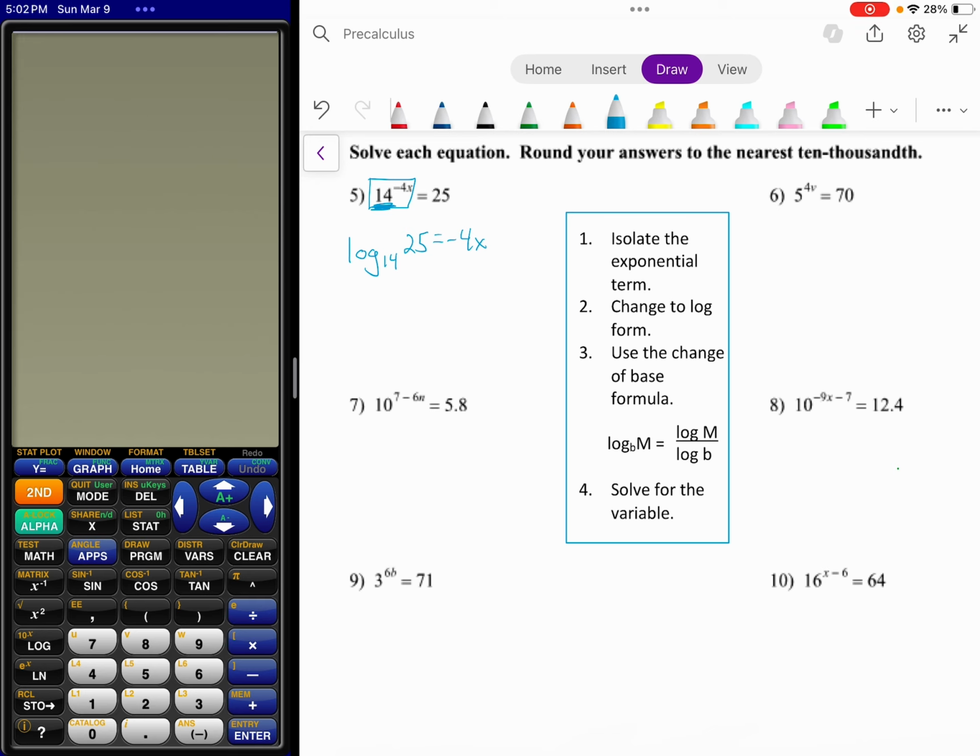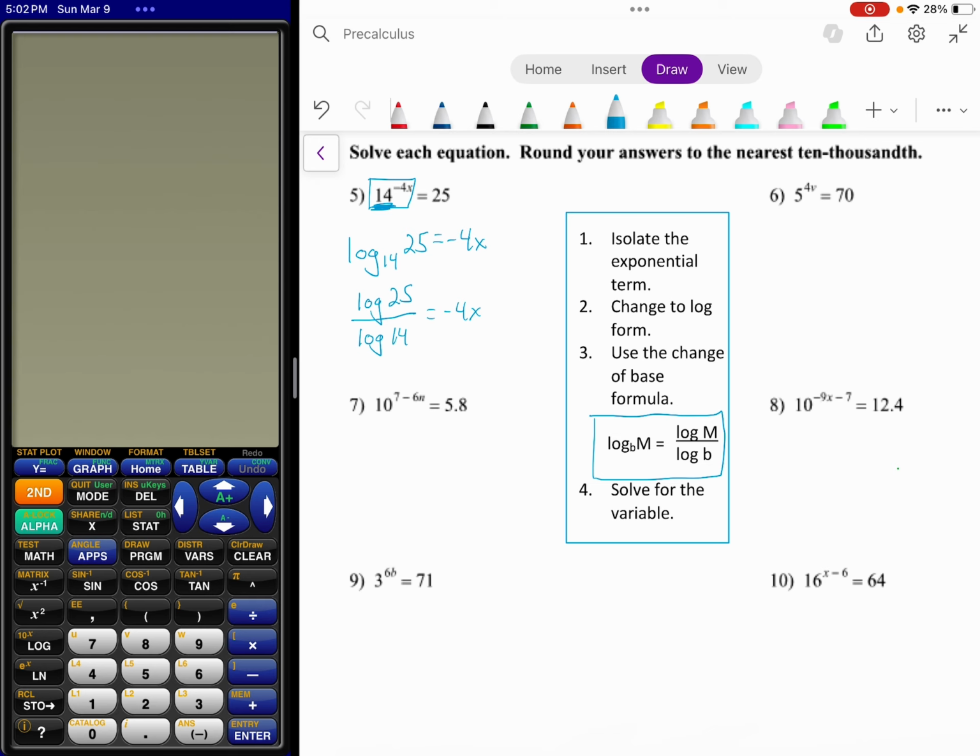So we don't have log base 14 on our calculator, or most calculators don't, so we can use this formula in step 3 here. So this will be log of 25 over the log of 14 equals negative 4x. We can go ahead and put that in our calculator.